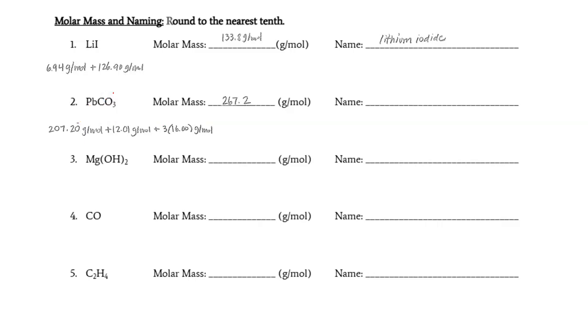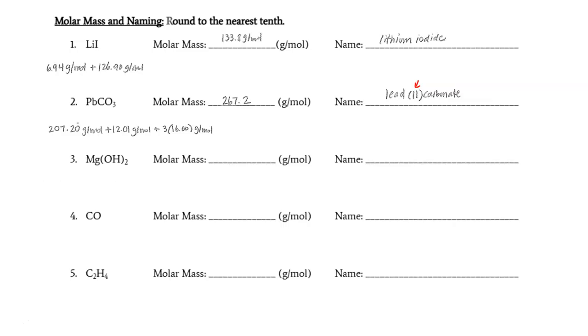We add those numbers together and we get 267.2 grams per mole. Notice again that we are rounded to that tenths place. Now lead is a transition metal, therefore we also need that Roman numeral 2, so lead(II) carbonate would be the correct way to name that.